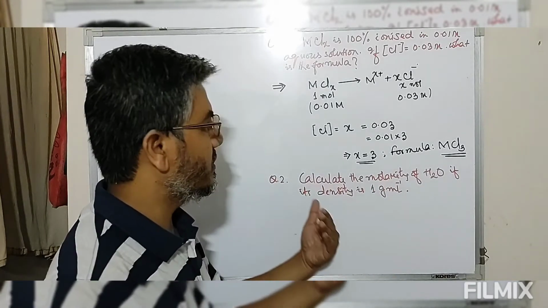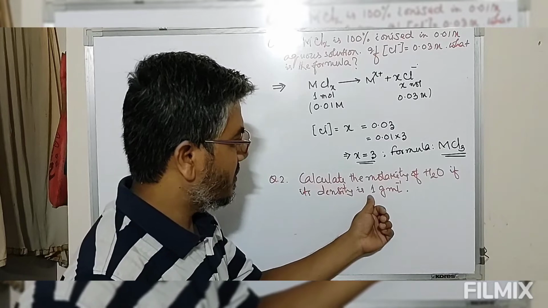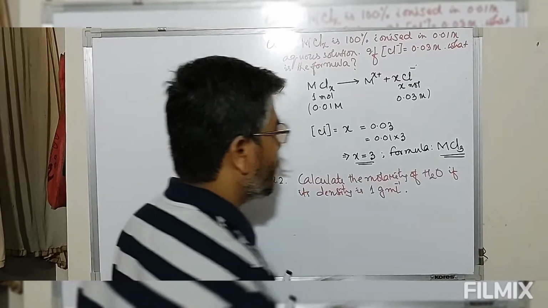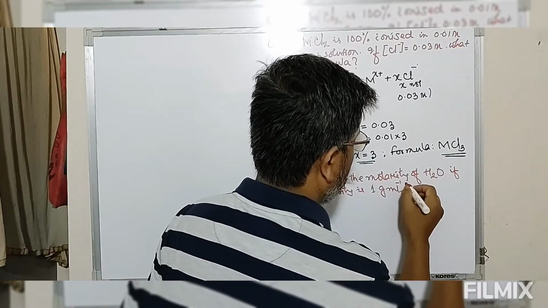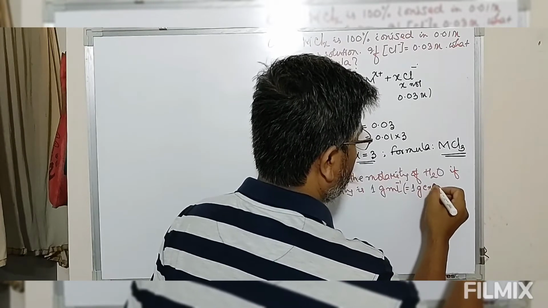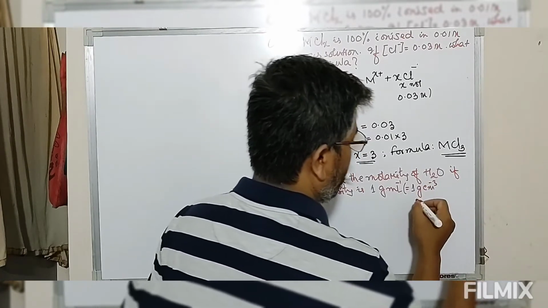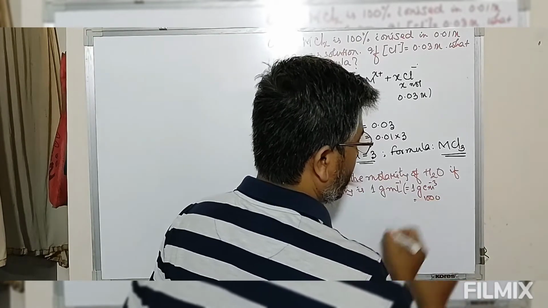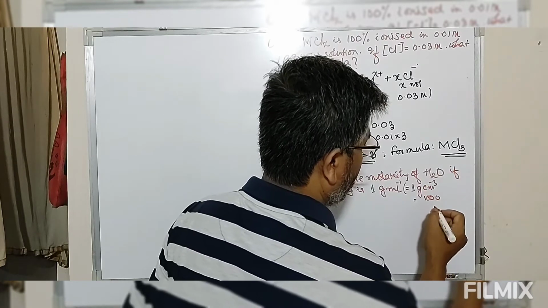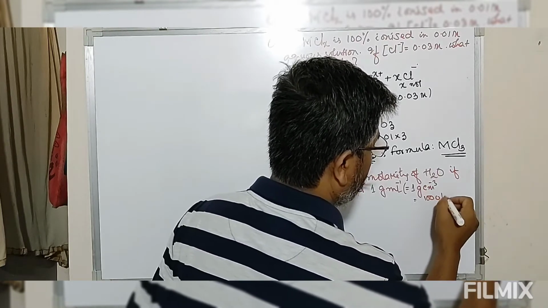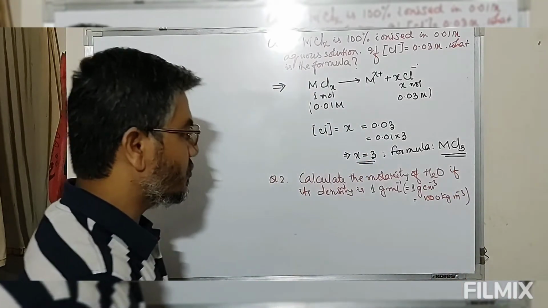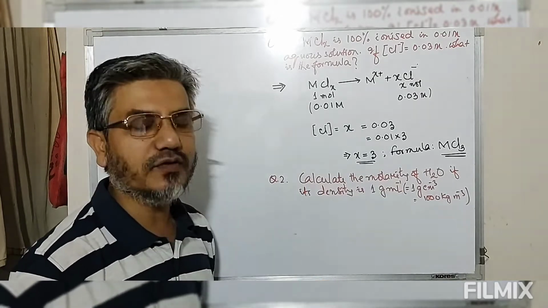Sometimes in a question this may be given as 1 gram per cc, that is 1 gram per centimeter cube, which is equal to 1000 kilogram per meter cube. So depending on the question we will have these types of information.